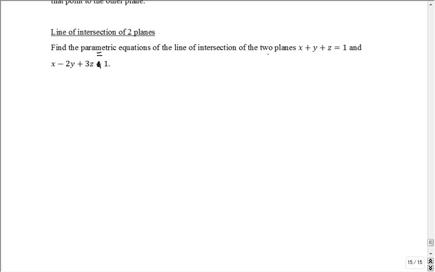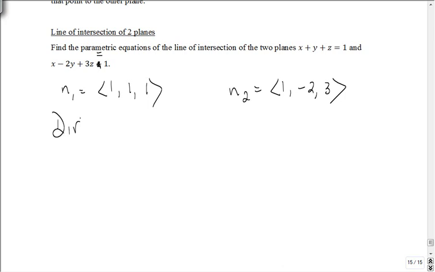Let's write that down. So N1 is 1, 1, 1. N2 is 1, negative 2, 3. The direction vector is equal to N1 cross N2.